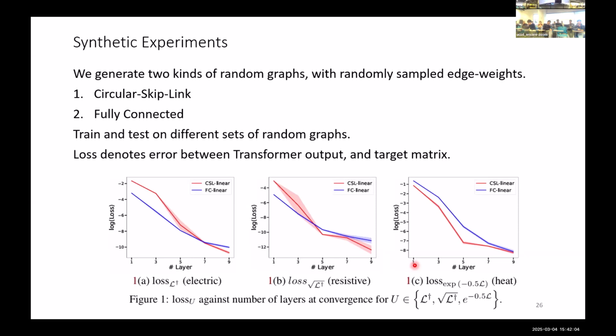And we train the transformer and check on different sizes of graphs. And the loss denotes the error between the transformer's output and the target matrix of true optimum potentials. As you can see, for each of these problems, the transformer is able to learn the algorithm that gets pretty good loss in a small number of layers.